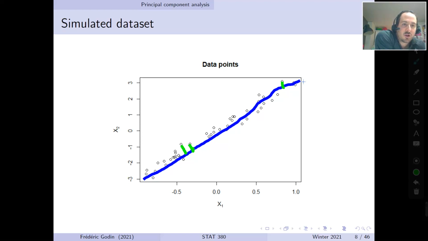Okay, so we should be able to do a reasonably good job of summarizing the information provided by data points, where we summarize this information with a single quantity for each observation instead of two. And this might be convenient because dealing with a single predictor is more convenient than dealing with two in modeling.